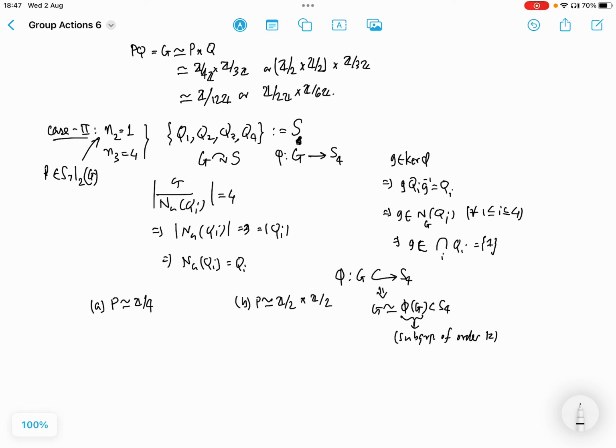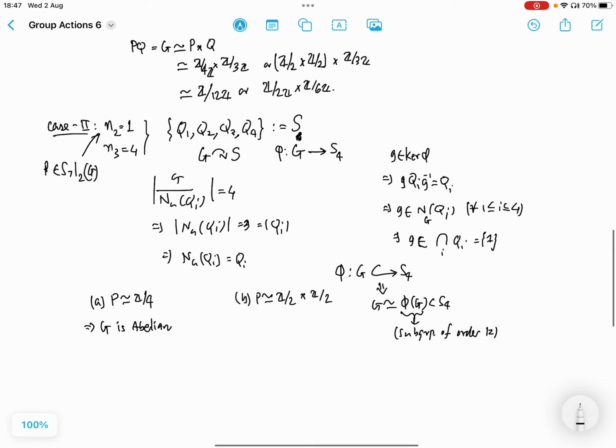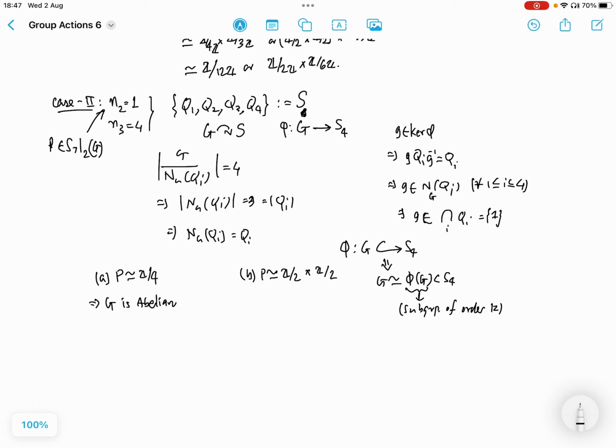So I'm leaving this case to you to show that G is abelian. And now, G has 8 elements of order 3 from this condition, right? And so the image of G will again have 8 elements of order 3, because the image is actually isomorphic to the group itself.